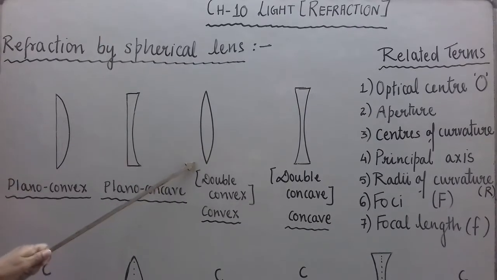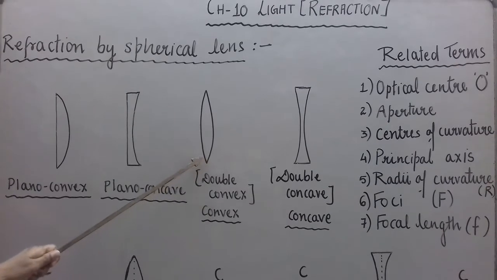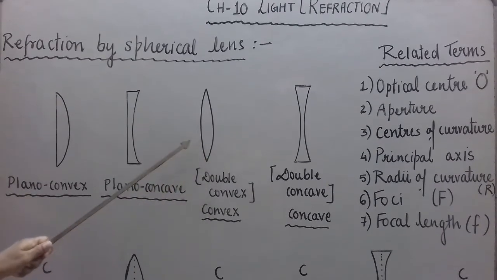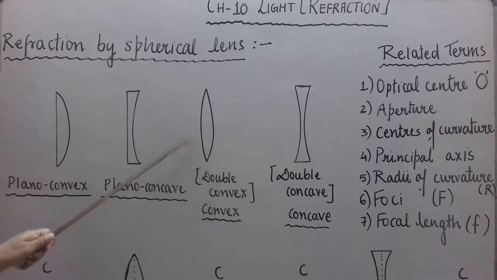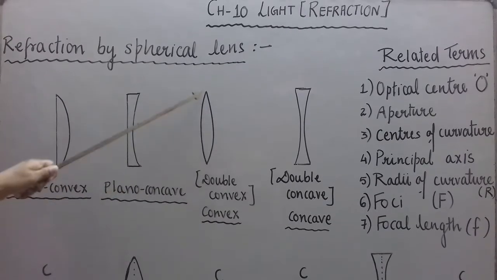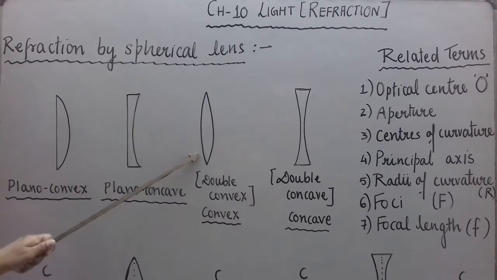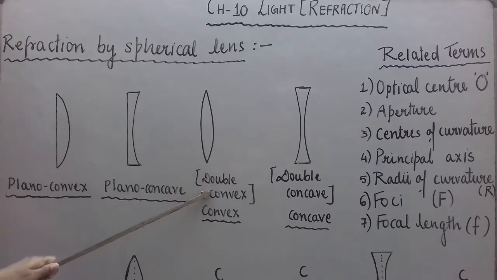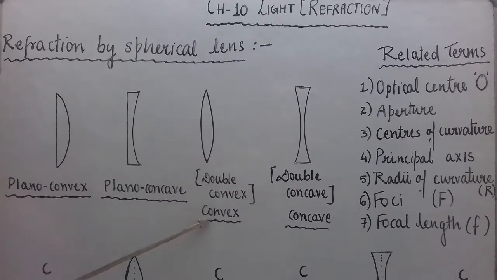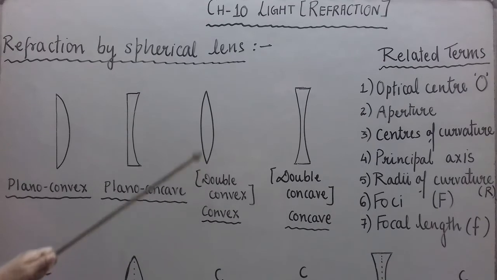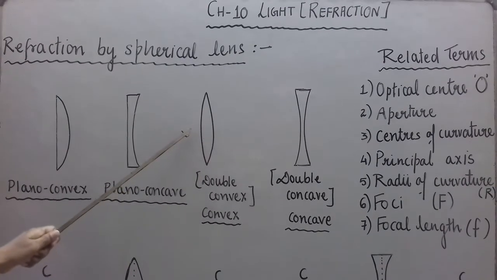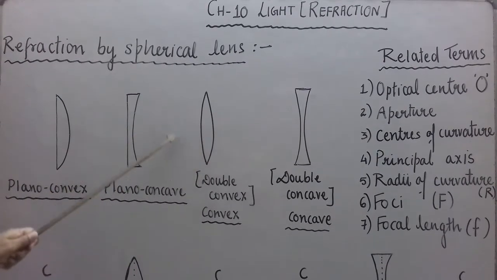For example, here a lens which is made up of, let us say, transparent material like glass, is bound by two spherical surfaces, both of which are curved outwards. So we can call this a double convex lens or simply convex lens, as both the surfaces are convex in nature, curved outwards.